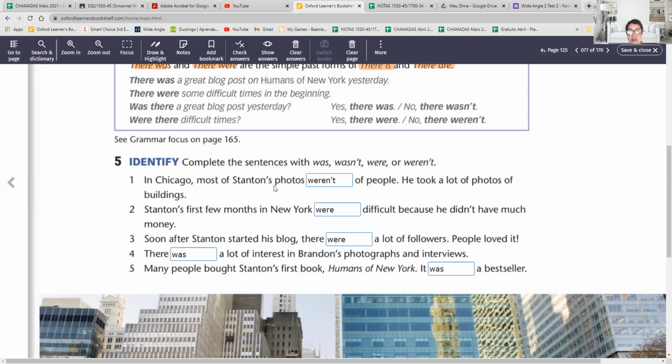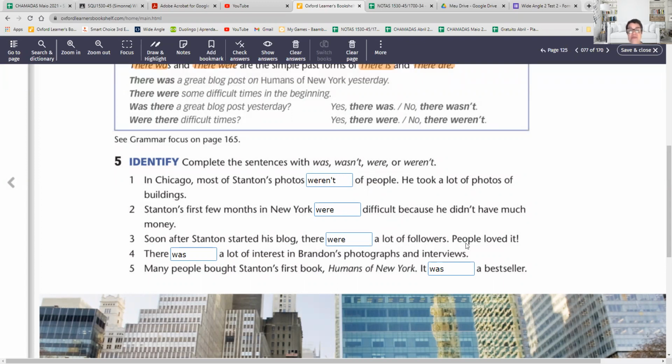So let's check everything. The first one: in Chicago, most of Stanton's photos weren't of people. He took a lot of photos of buildings. It makes sense, doesn't it? Negative form makes sense. Number 2: Stanton's first few months in New York were difficult because he didn't have much money. Number 3: soon after Stanton started his blog, there were a lot of followers.